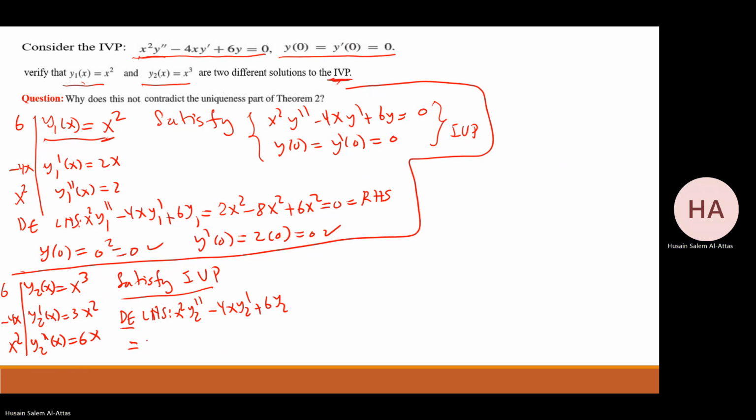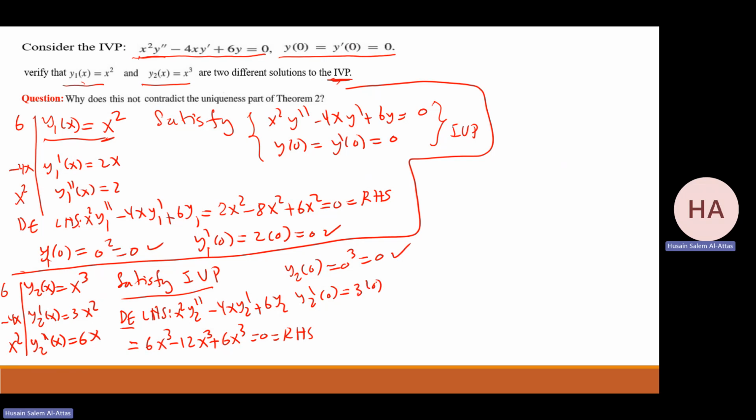That will be 6x cubed minus 12x cubed plus 6x cubed, which is 0, which is the right-hand side. So it's a solution. And y2 at 0 will be 0 cubed, which is 0. y2 prime at 0 will be 3 times 0 squared, which is 0. So both satisfy the differential equation. From here, y1 and y2 are solutions of the initial value problem.